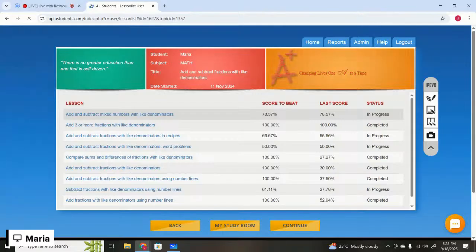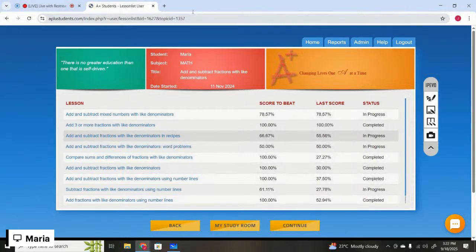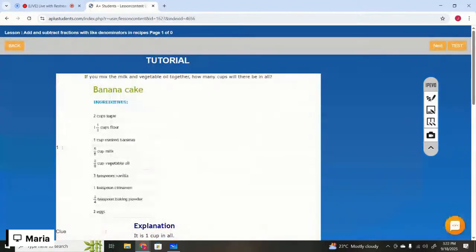Add and subtract fractions with like denominators and recipes. Let's just start with the test questions.